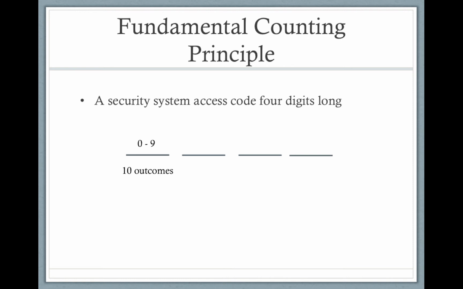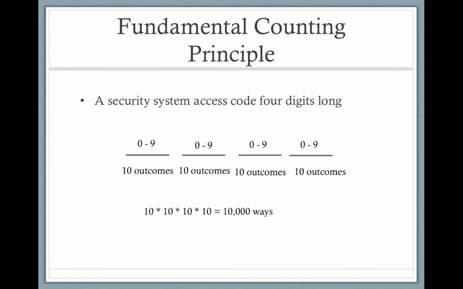Then we go to the second digit holder, and again, we can have the numbers 0 through 9 with 10 total outcomes. We do the same for the third and fourth placeholders, and again, that gives us 10 outcomes each time. So what does the fundamental counting principle say to do? It says to multiply 10 times 10 times 10 times 10, giving us 10,000 4-digit access codes.